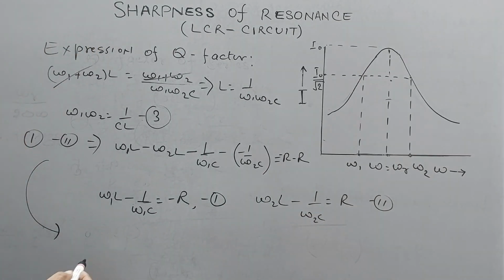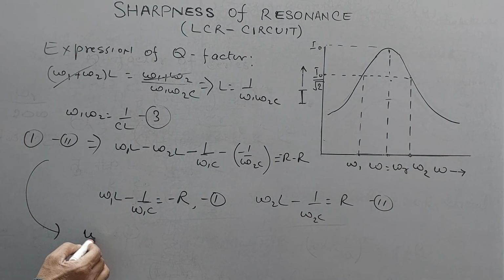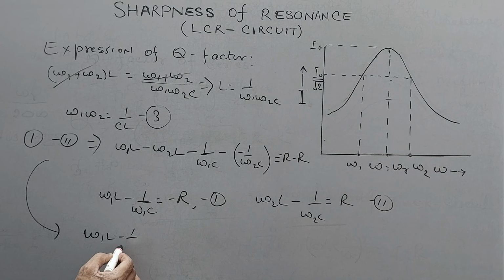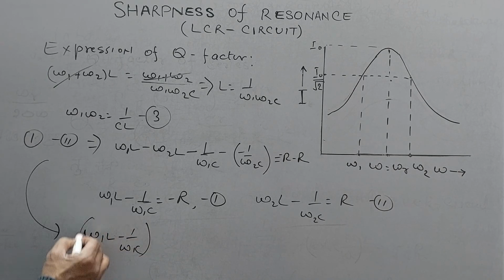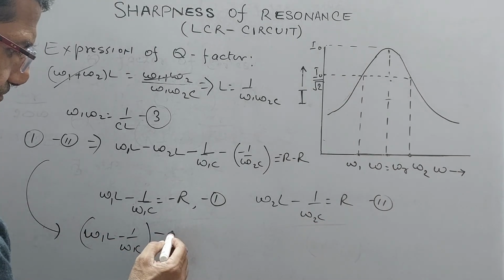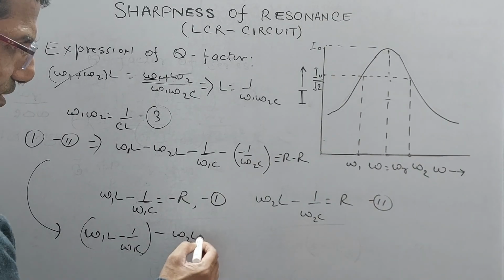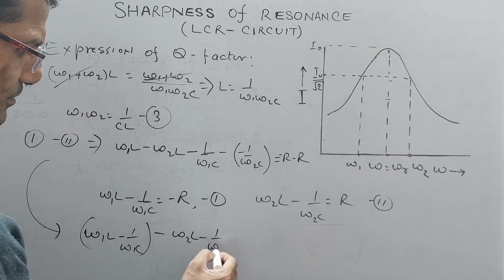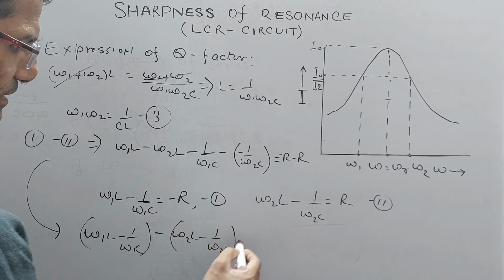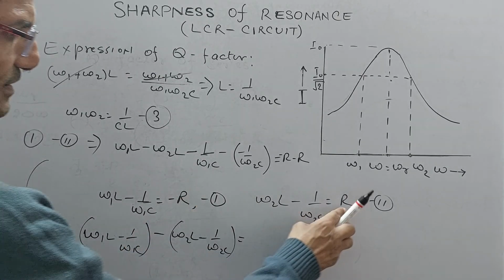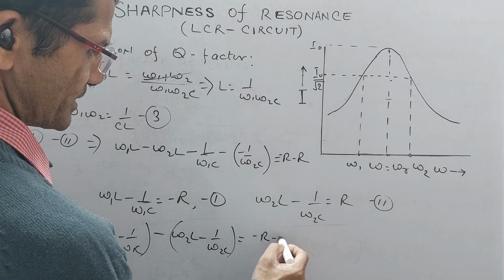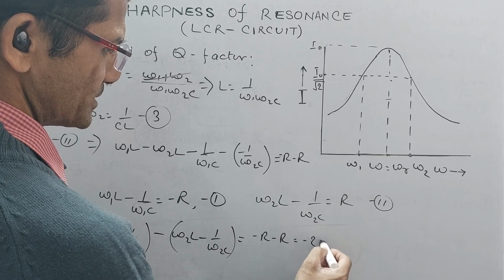So what does it come to? Omega 1 L minus 1 upon omega 1 C, minus this term, omega 2 L minus 1 upon omega 2 C. On the right hand side, minus R and minus R, it becomes minus 2R.